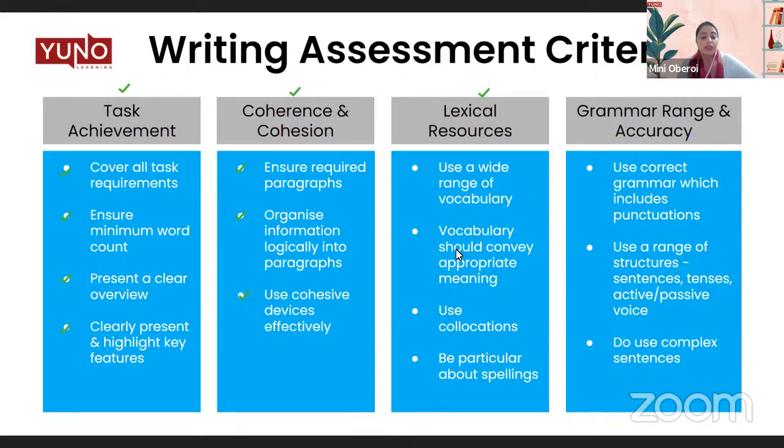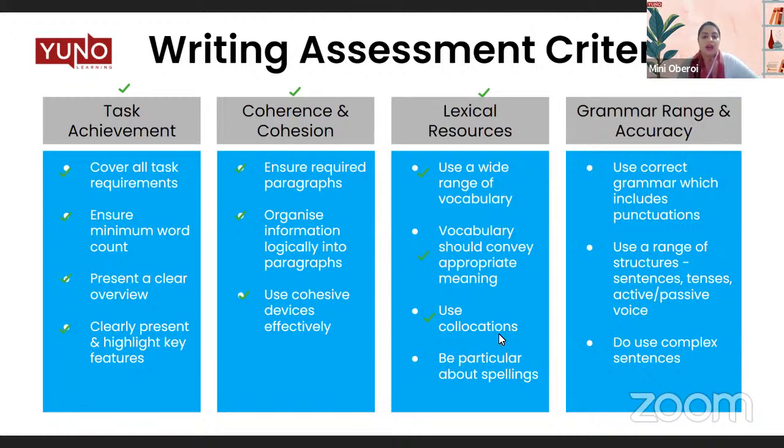Then, vocabulary should convey appropriate meaning. Now, it should not happen that you try to use a good vocabulary word, but it is not imparting the correct meaning. If it talks about something else which can be taken in another literal sense, of course, you are making a mistake there. Use collocations, use combination words, or we call them phrasal verbs also.